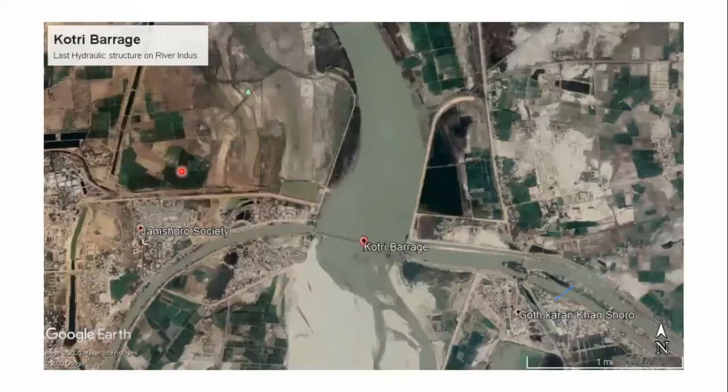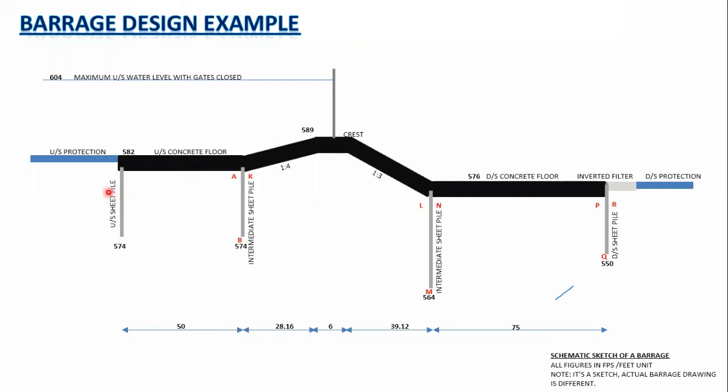As we have seen in this sketch, I have told you that the water will be flowing beneath the barrage as well. We need to design this barrage so that it can carry the uplift caused by these seepage flows. It can stop the displacement of soil particles due to the seepage flows with the provision of this inverted filter, and the uplift pressure is also reduced by providing these intermediate sheet piles.